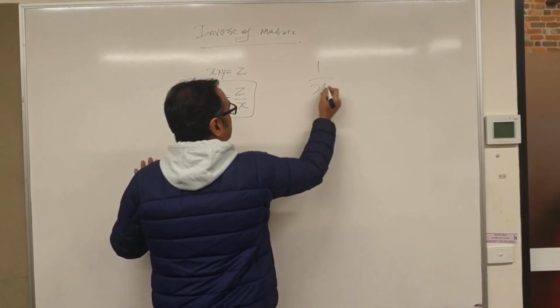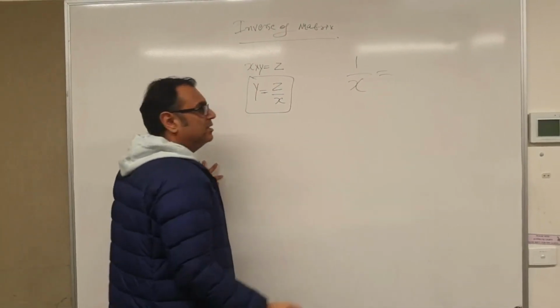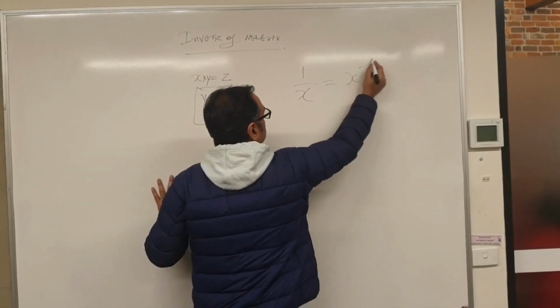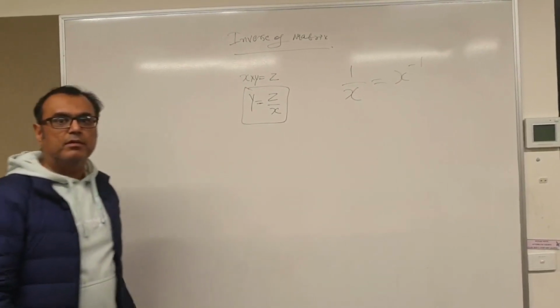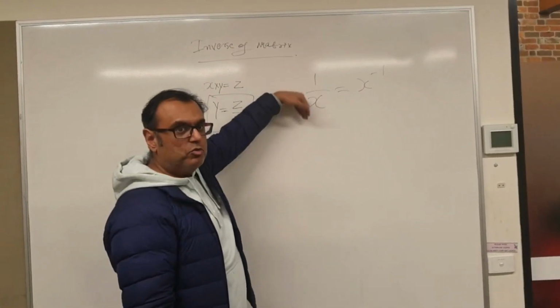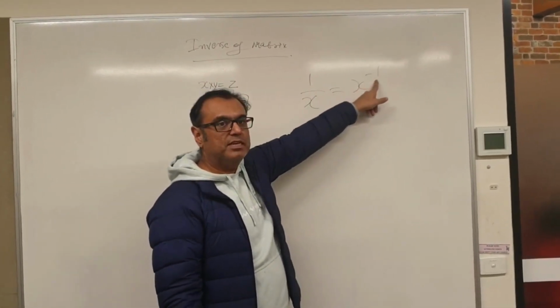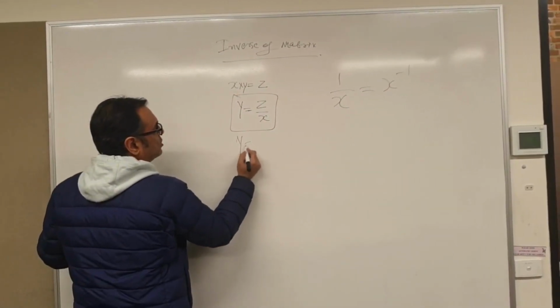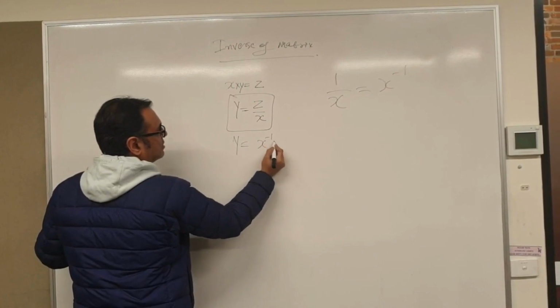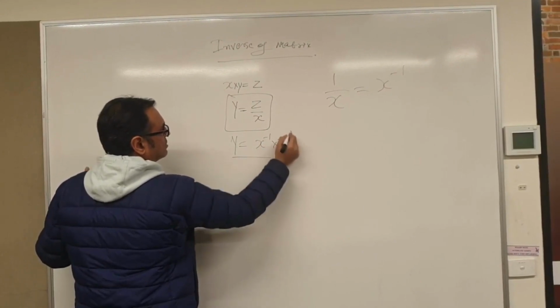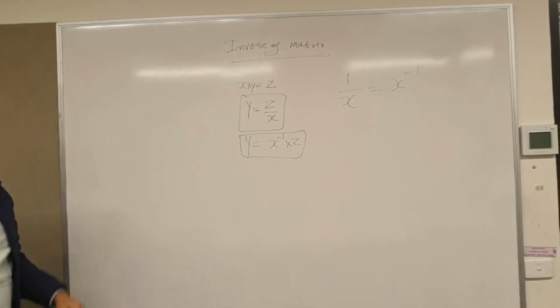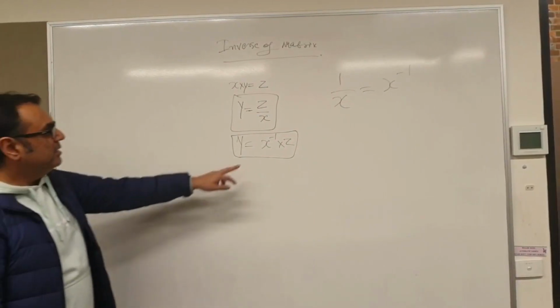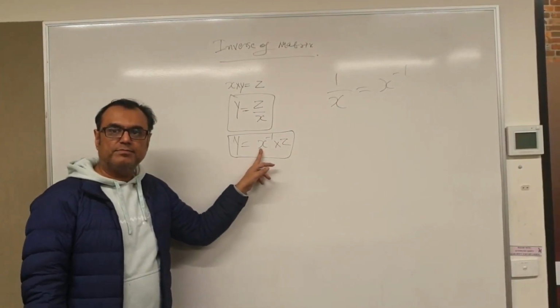If I have 1 over x, can I write it as x raised to the power of negative 1? Yes. If you take it above, the power becomes negative. Similarly, y equals z times x to the power of negative 1. This is called the inverse of x.